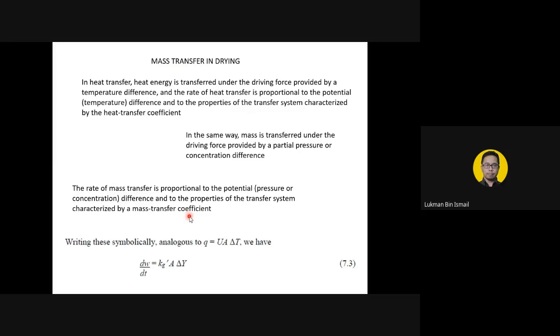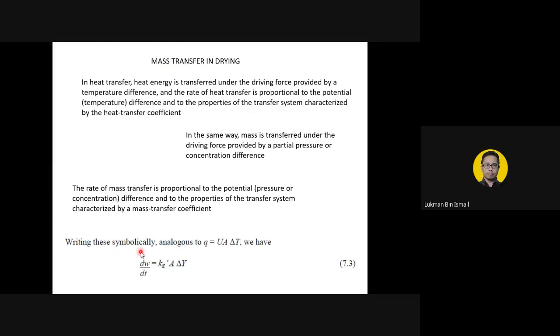I'm not going to go deep into this mass transfer coefficient because it is not required in your syllabus. So we just want to introduce to you that there is a mathematical equation explaining the mass transfer phenomena in drying.